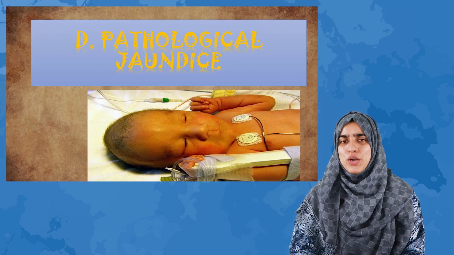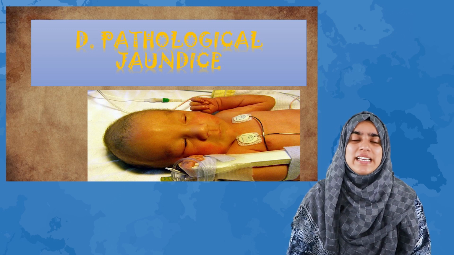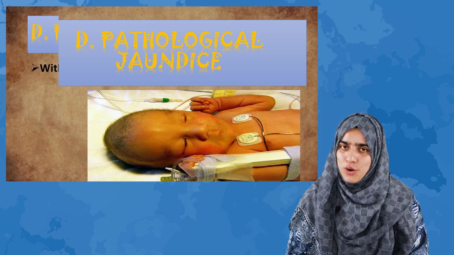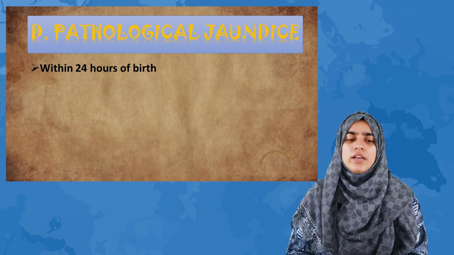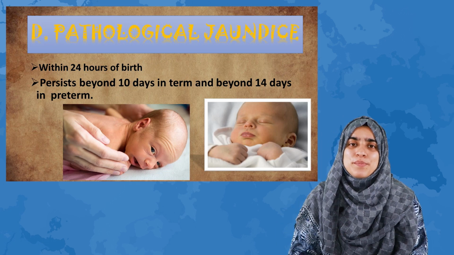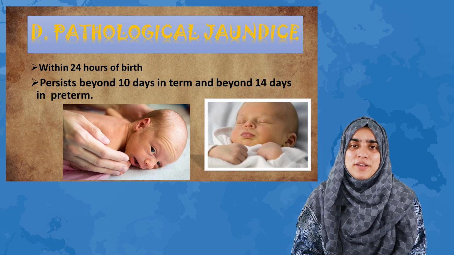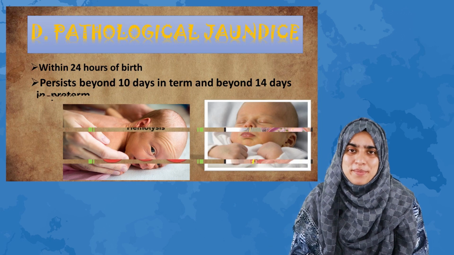Now, the next condition we're going to talk about is pathological jaundice, and this condition is very common in newborns. This jaundice occurs within 24 hours of birth, and it is called pathological jaundice. Clinical jaundice persists beyond 10 days in term infants and beyond 14 days in preterm babies.